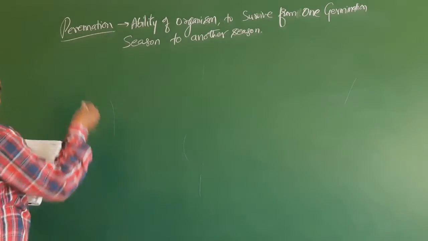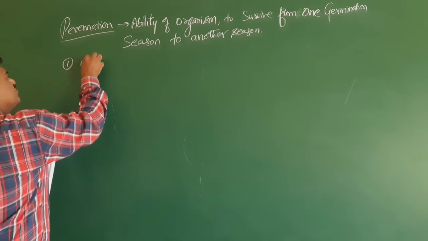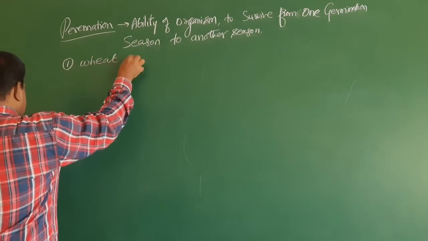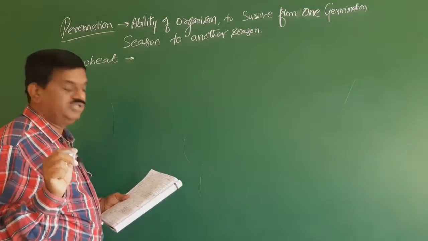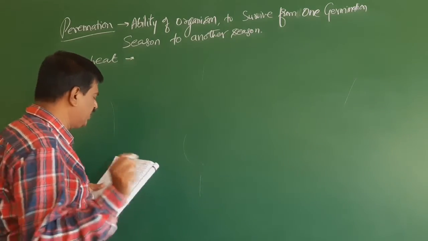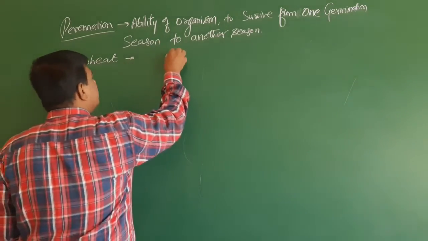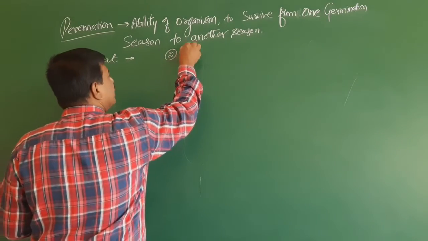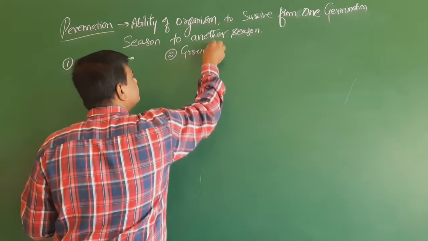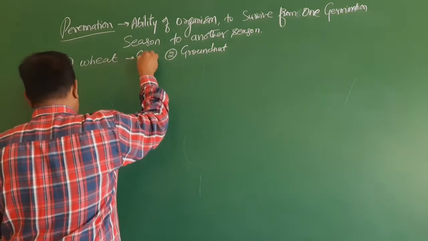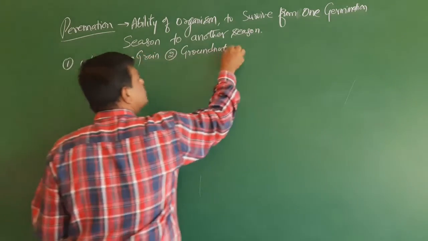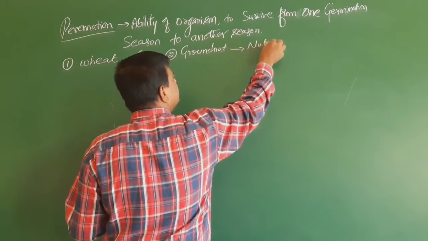The first option is wheat. So wheat is not the answer. Wheat is nothing but grains, we know that. The second one is groundnut. Here it is called grain and this is called nut.